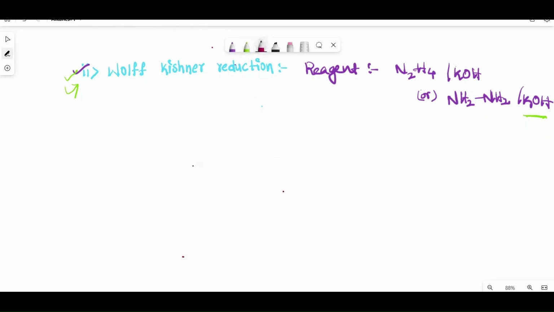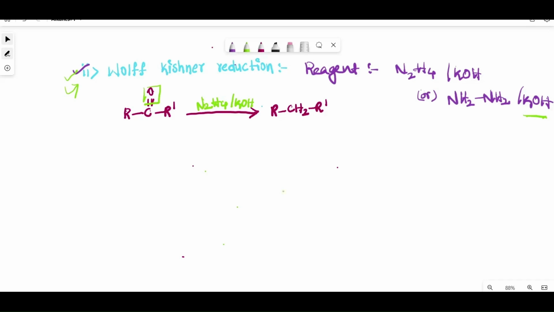Let's see one example. RC double bond O. Here we will use N2H4, KOH as reagent. This you should remember. For Wolff-Kishner reduction, we will use this reagent. So you will get RCH2R'. Same thing you have to do.